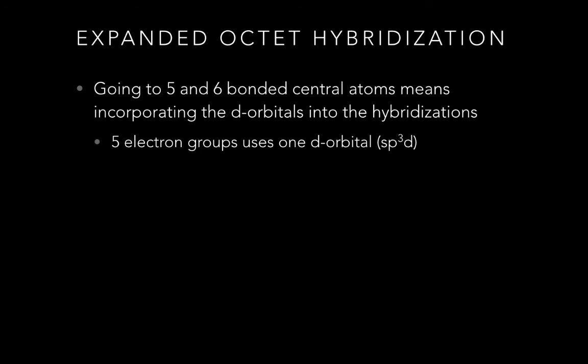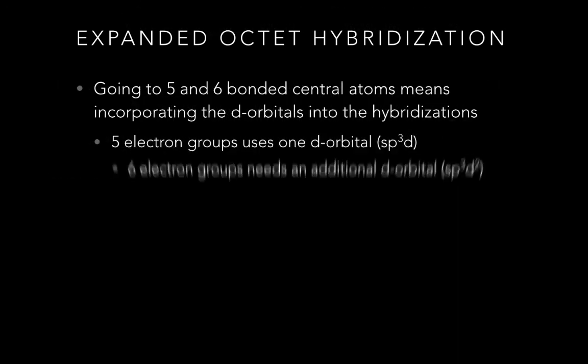Once we get to sp3, we've used all the s's and p's available for a particular orbital, so now we've got to bring in the d orbitals in order to go into an expanded octet hybridization. If we have 5 electron groups, we've got to use one of those d orbitals, and 5 electron groups means we're going to hybridize 5 orbitals, so an s, 3 p's, and a d. Those hybrid orbitals are called sp3d.